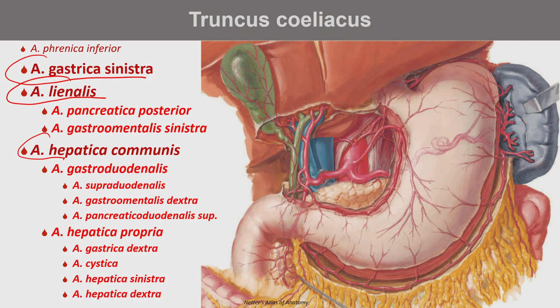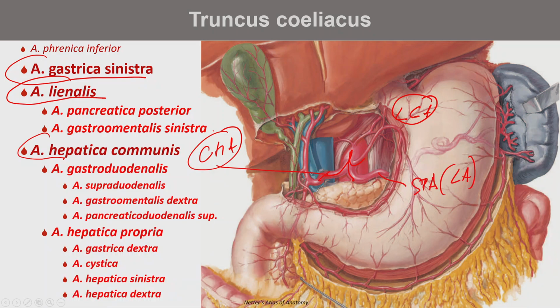So the main arteries are, this is the celiac trunk, this is the left gastric artery, this is the splenic or lienal artery, and this is the common hepatic artery. The common hepatic artery is a common trunk which is then divided into two important main stems, the gastroduodenal and the proper.